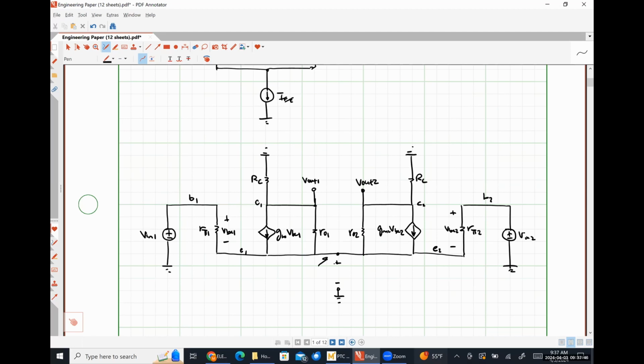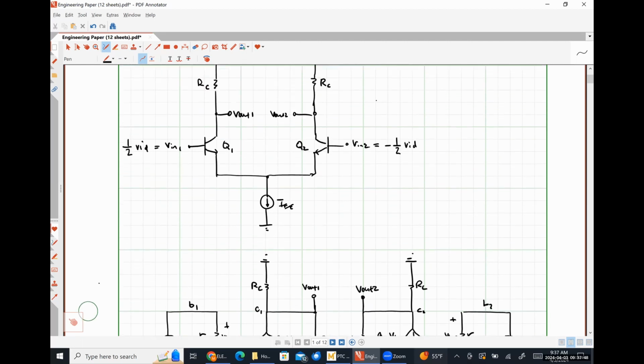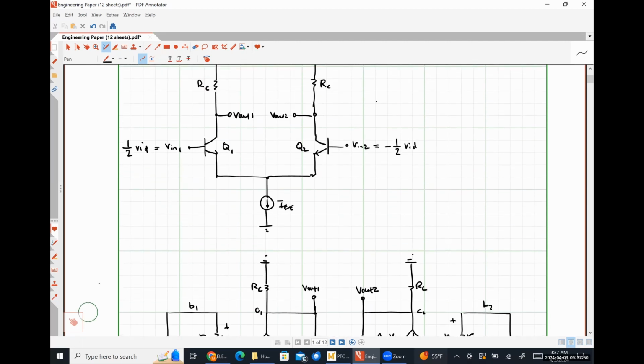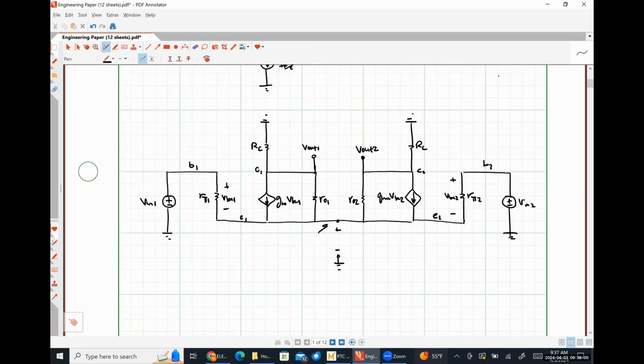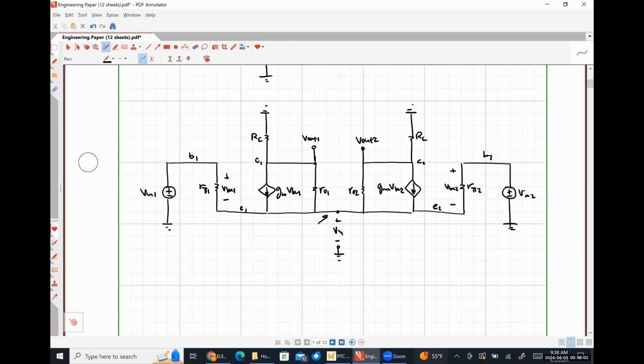What I mean by that specifically is if we look at our large signal model, there is a DC current source between that node and ground, which on our small signal model is going to look like an open circuit. So I'm going to call this voltage Vx. And the first thing that we're actually going to do in our analysis is to figure out what the heck Vx is, if we can, okay?